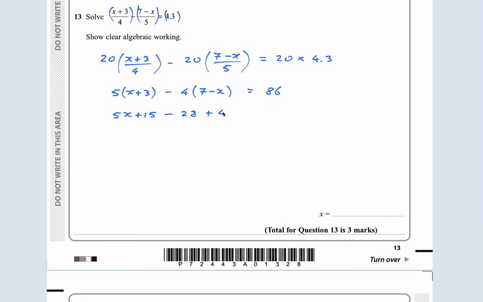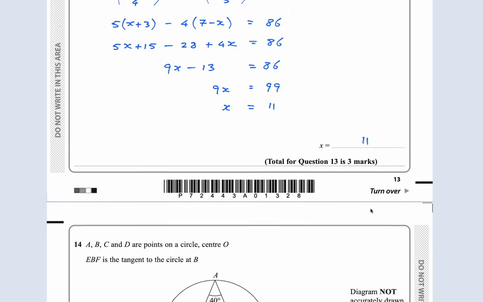Plus 4x equals 86. 5x plus 4x is 9x. 15 minus 28 is minus 13. 9x equals 86 plus 13, which is 99. And then x is 99 divided by 9, which is 11. So here we have question 13, x equals 11.